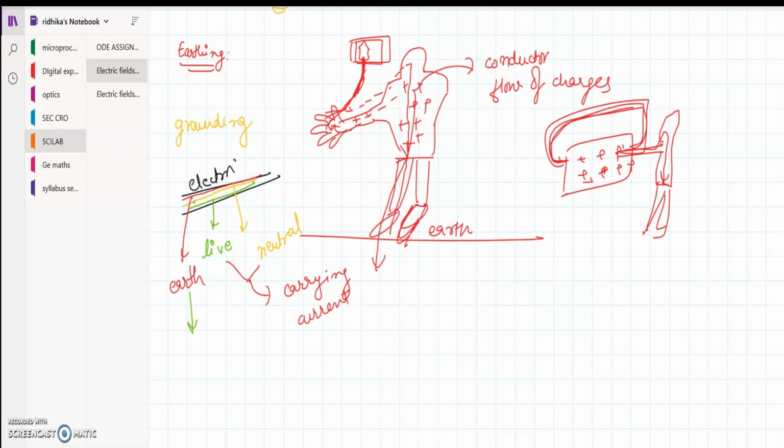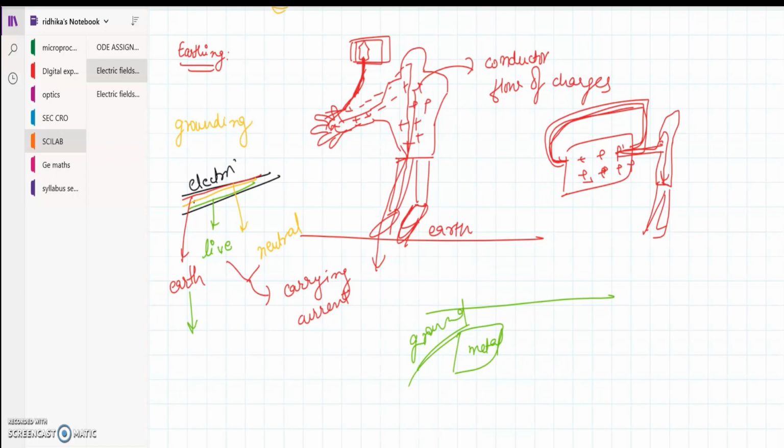So basically what we do is we take a metal plate and we bury it inside the ground. Since we know that the ground is a conductor as well, the charge can flow through it.